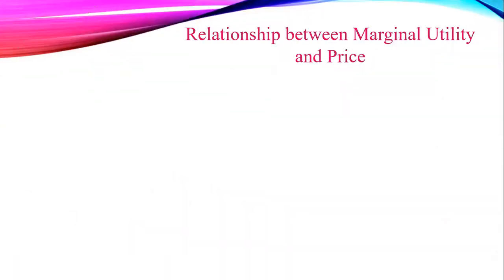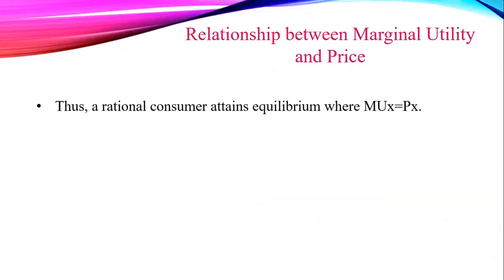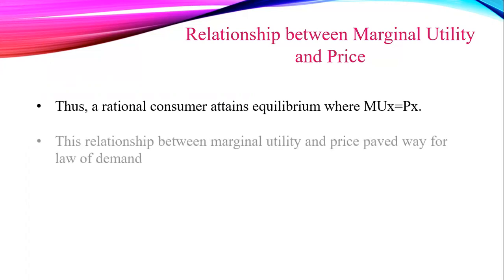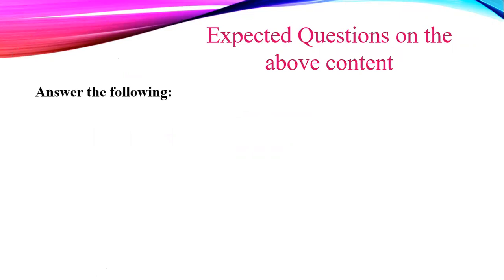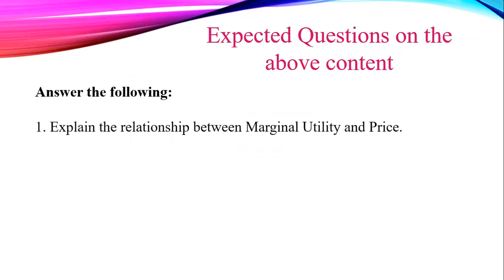Okay, students. Thus a rational consumer attains equilibrium where MUX is equal to PX. And this relationship between marginal utility and price paved the way for the law of demand. So, the expected question on the above content: Explain the relationship between marginal utility and price.